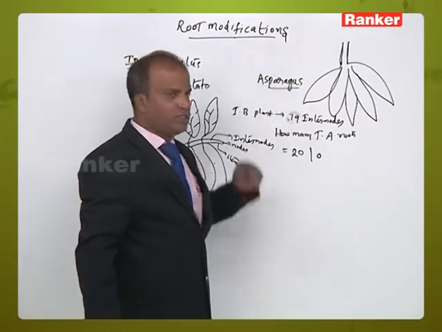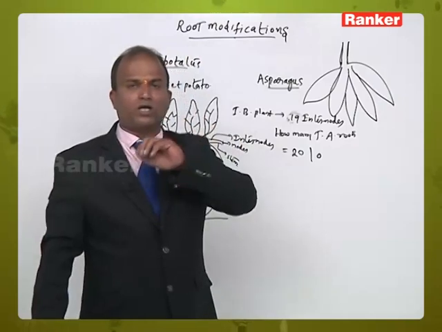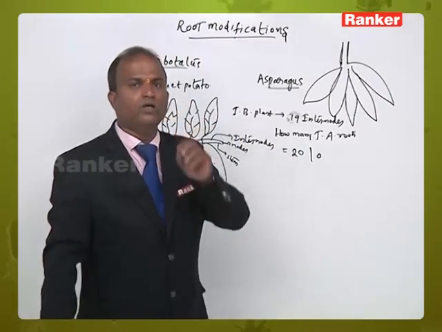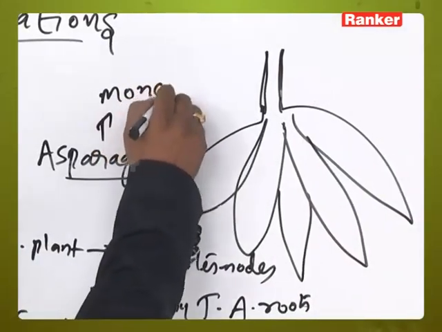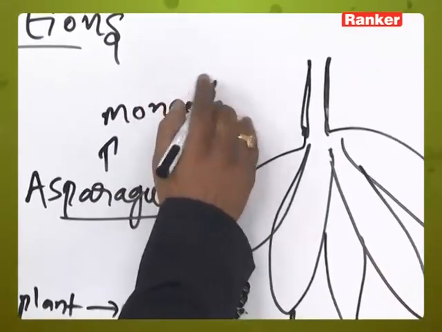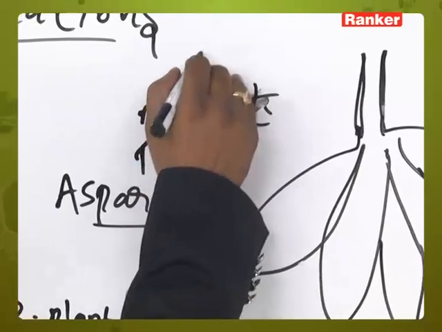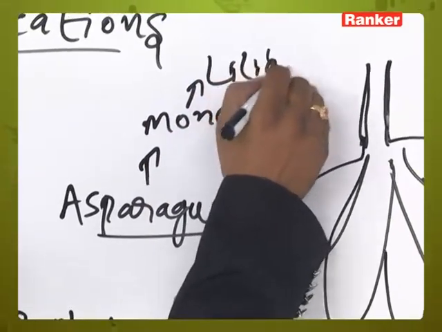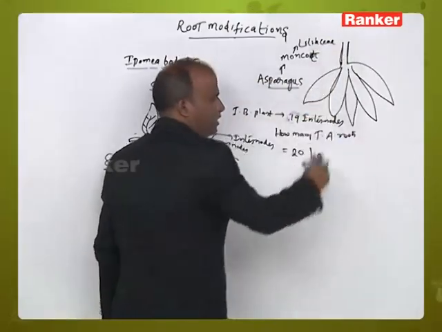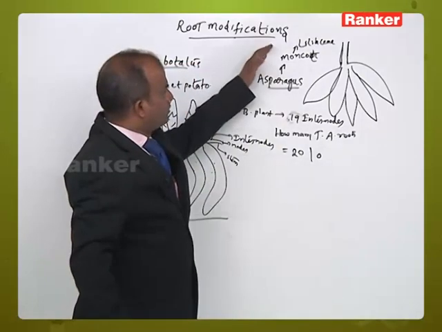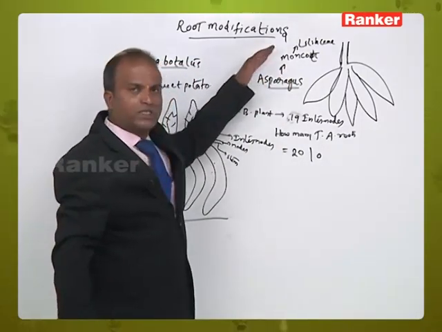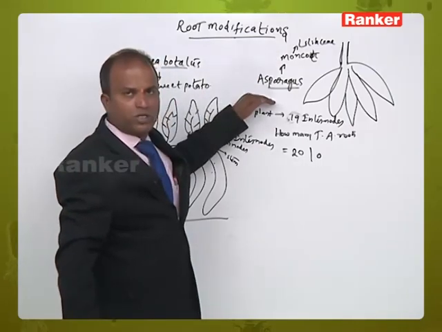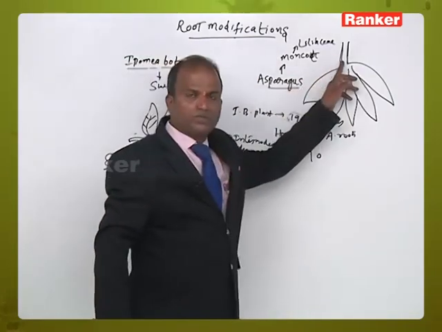Asparagus. Can you tell me whether this asparagus is a monocot or dicot? It is a monocot, belonging to the family Liliaceae. As it is a monocot belonging to Liliaceae, what happens from the basal portion of the stem?